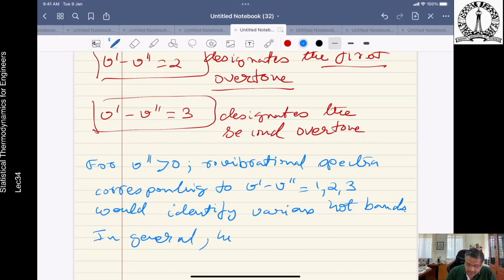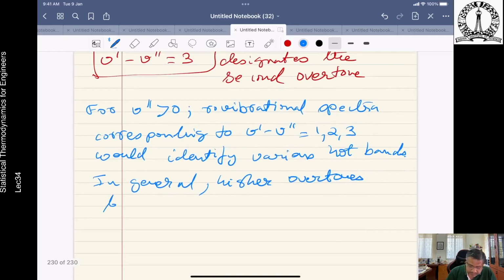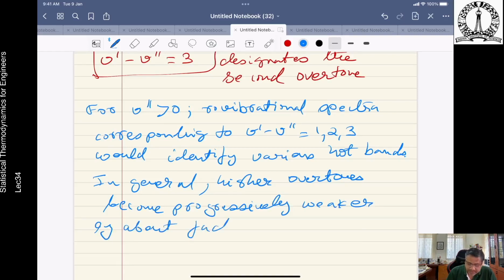In general, higher overtones become progressively weaker, by about a factor of 10, one order of magnitude, in comparison to the fundamental transition.